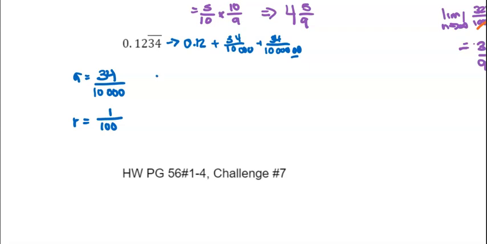So I'm going to determine the limit as n approaches infinity. 34 over 10,000 divided by 1 minus my rate.